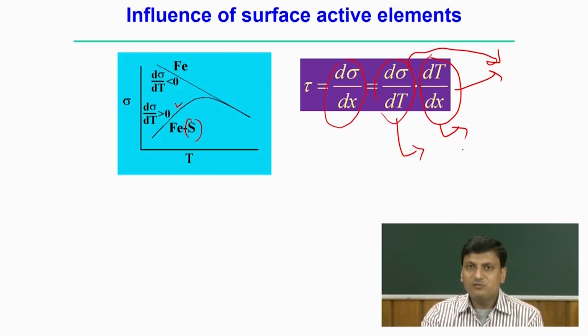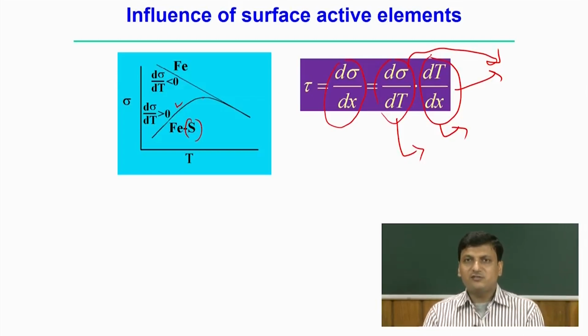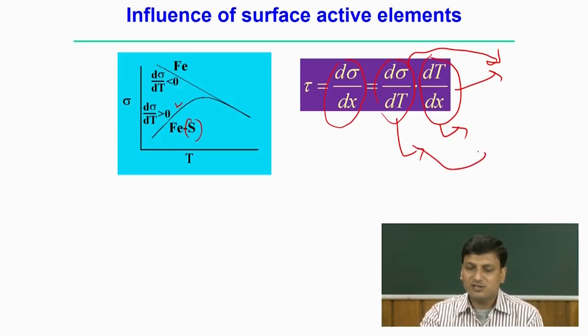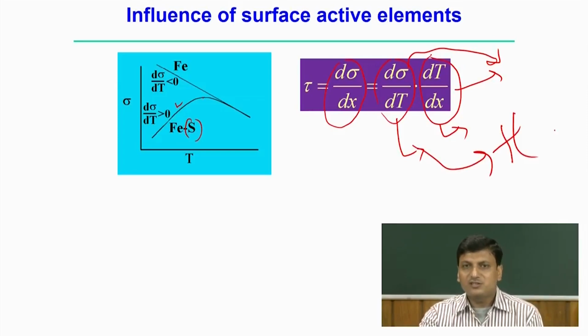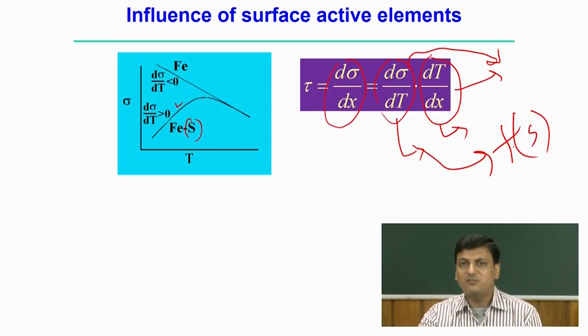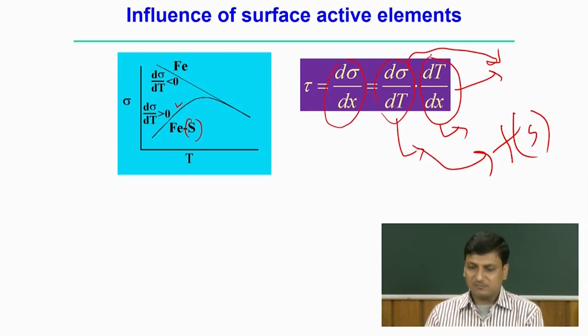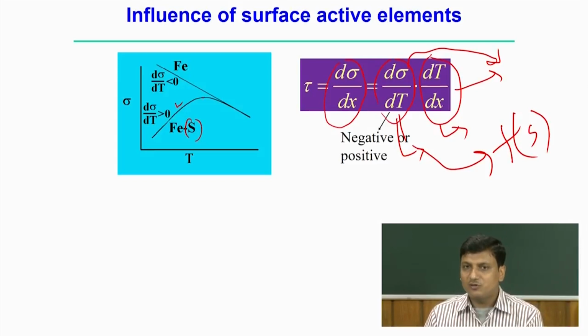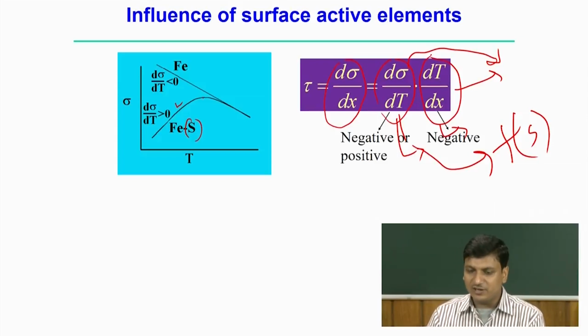But if we assume that in a specific welding system the temperature gradient is the same, there may still be a variation of the coefficient of the surface tension, which can be a function of the surface active elements. For example, here sulfur or maybe some other surface active elements actually modify this term. That can be either negative or positive. The temperature gradient is always negative.